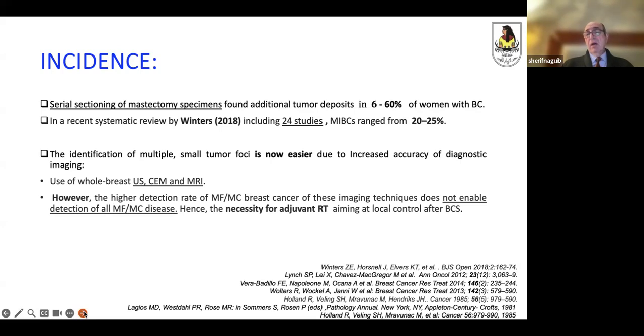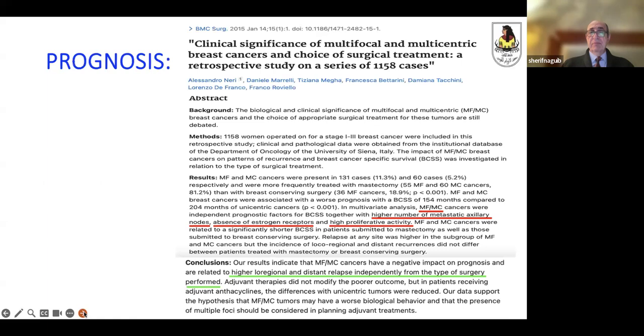Nevertheless, many of the cases are still missed nowadays, and this is why adjuvant radiotherapy is an important necessity for treatment, aiming at local control after breast conservation, to make sure that if multiple ipsilateral breast cancer is present, it would still be treated.